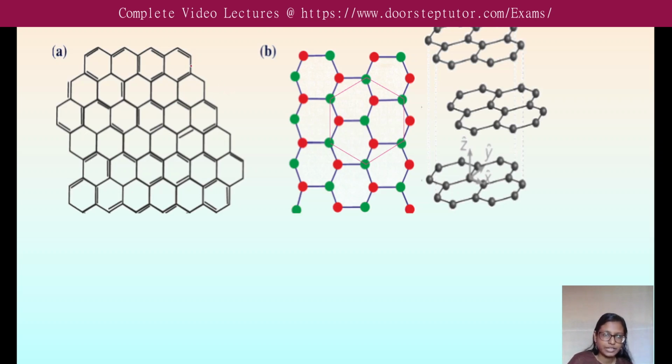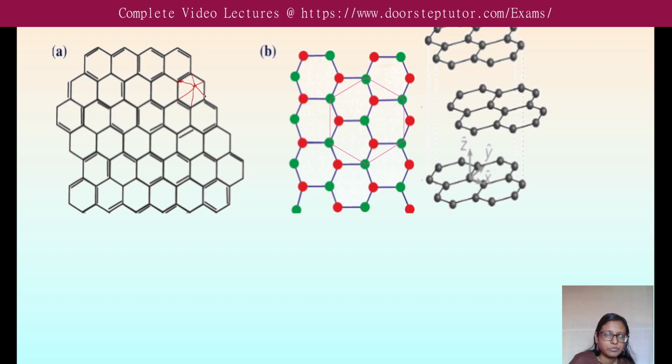All the atoms here are carbon atoms, and this is the structure. The layers are placed in this manner. So it has a 2-dimensional hexagonal lattice, as you can see. Or you can also consider it as a triangular lattice, because one hexagon can be considered as 6 equilateral triangles.